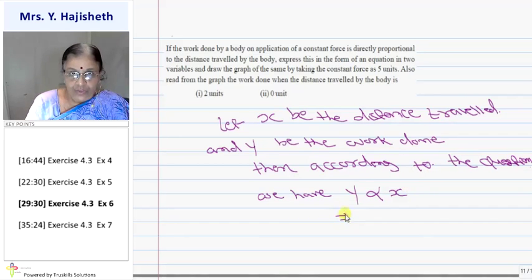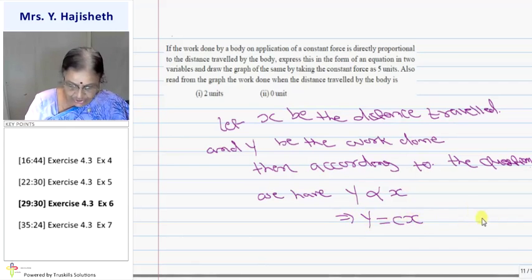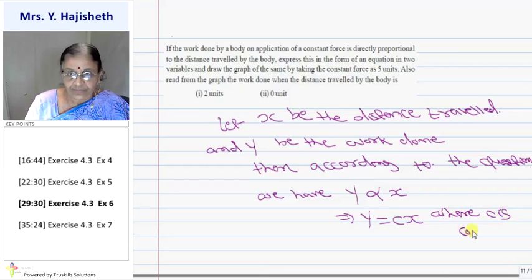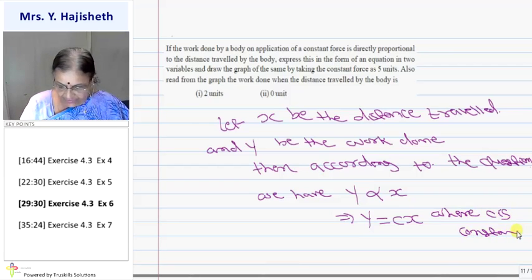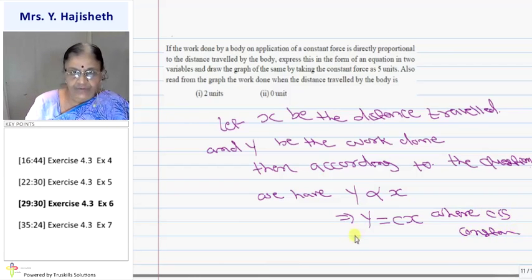So I can get y is cx, where c is the constant of proportionality. But here it is given that the constant force is 5 units. So my equation is y is 5x.